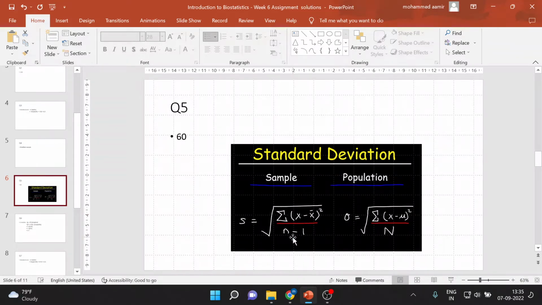And in the denominator you have n minus 1, whereas in the population standard deviation, it is the x minus the population mean squared, you sum over it, divided by capital N, where N is the size of the population itself.